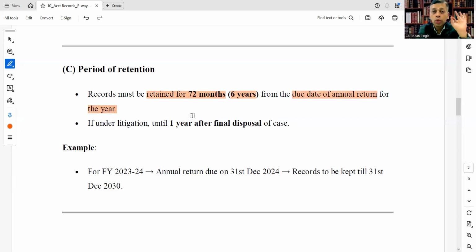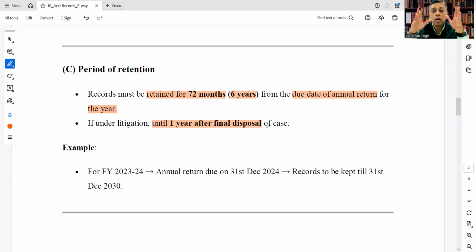If under litigation, then until 1 year after final disposal of the case.